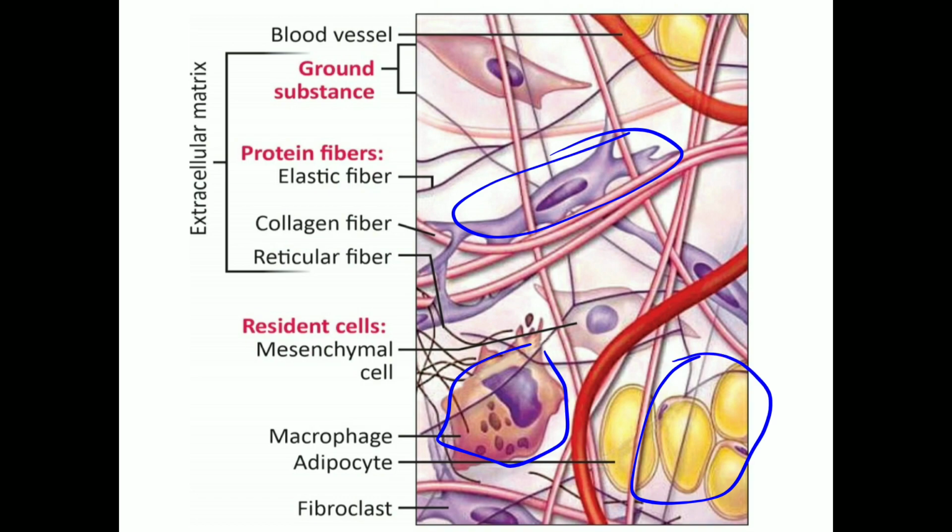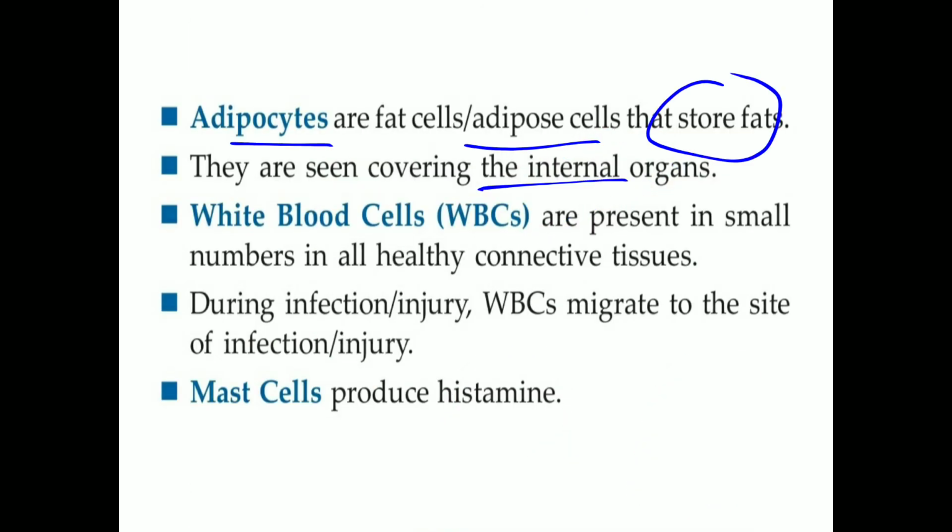And WBCs are present in small numbers in all healthy connective tissues, and they destroy microorganisms. During infection or an injury, these WBCs migrate to the site of injury and provide immunity.